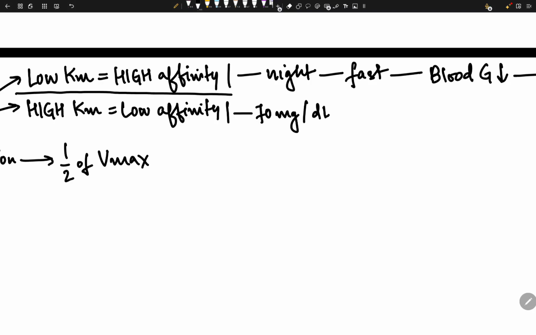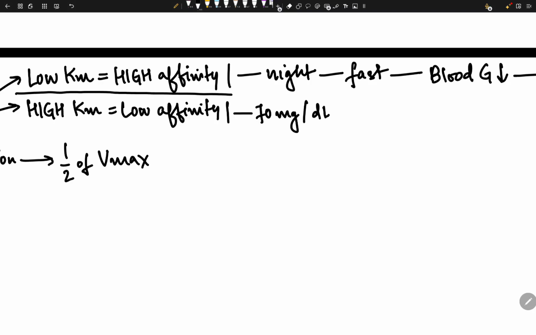Now let's talk about Vmax. Suppose you just had a huge plate of rice. Now blood sugar shoots up. Should the liver remove the blood sugar one glucose molecule per second? Of course not.